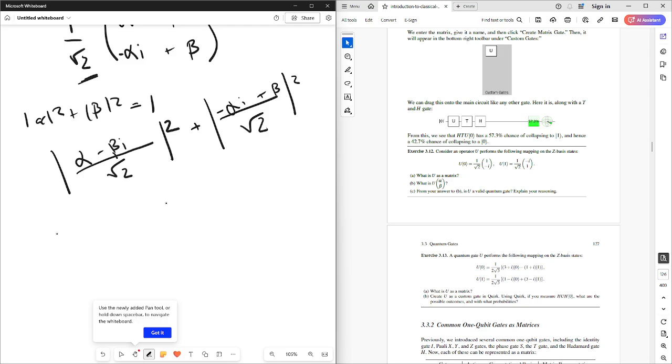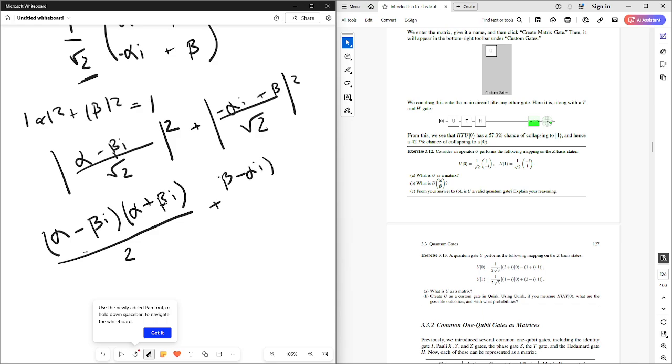So alpha minus beta i is multiplied by alpha plus beta i, over 2. And similarly here, I'll switch this around for easy reading: beta minus alpha i multiplied by beta plus alpha i, over 2. That's alpha, it looks like an 8, I know, but trust me.